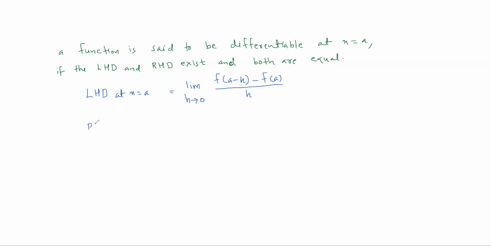If you want to find the right hand derivative at x is equal to a, the formula is limit h goes to 0, f of a plus h minus f of a, divided by h. Learn this formula by heart.